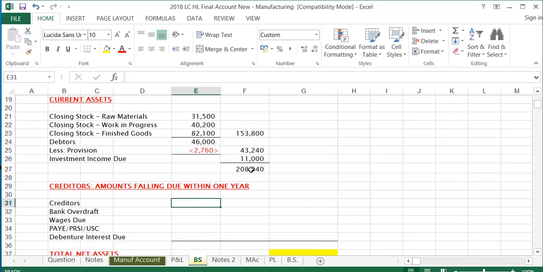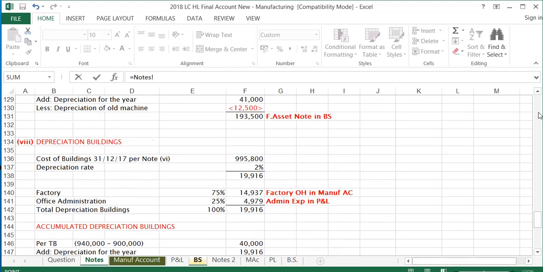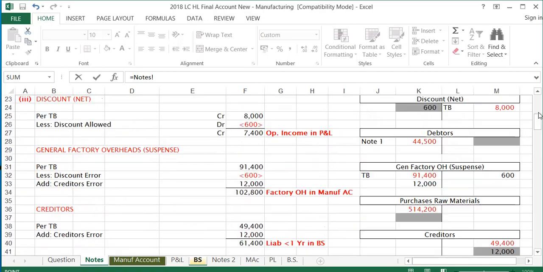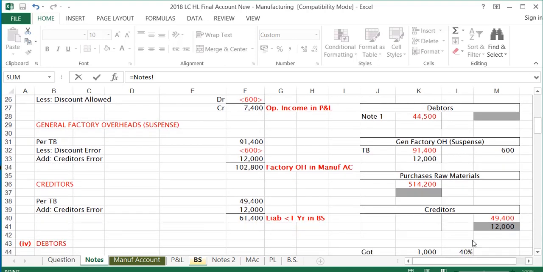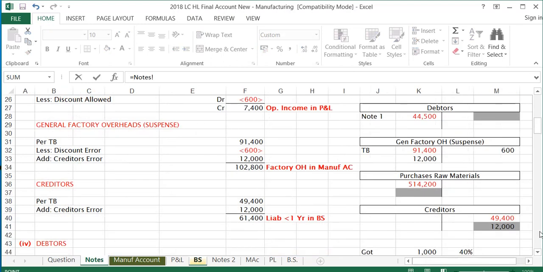My creditors amounts falling due within 1 year. Well, the first thing I have here are creditors, and there's a changed creditors, so I need to get the most up-to-date creditors figure. And here in note 3, I can see my creditors were 61,400. My bank overdraft I will get from my bank reconciliation note.